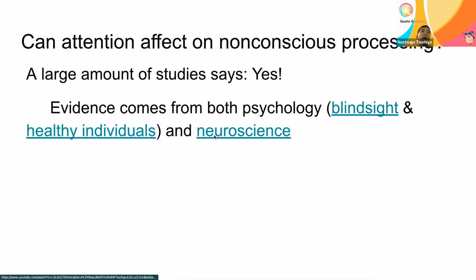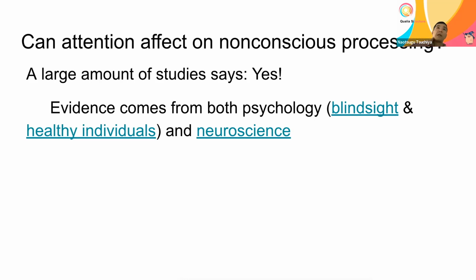Then the final evidence comes from neuroimaging, where you suppress the stimulus to be invisible, so you don't see the target stimulus. However, whether you are doing an additional attention-demanding task at the center or not modulates the neuronal activity in the primary visual cortex, V1.